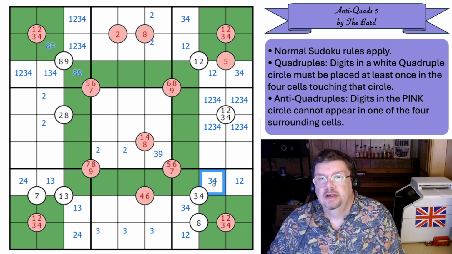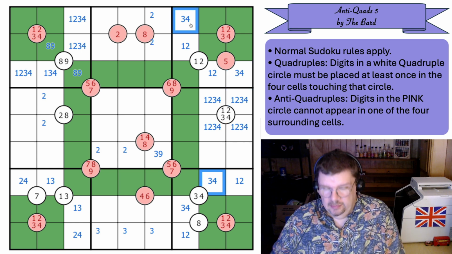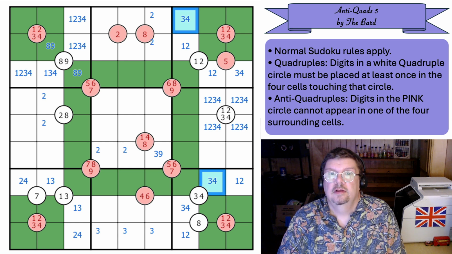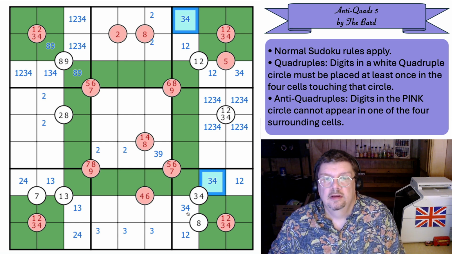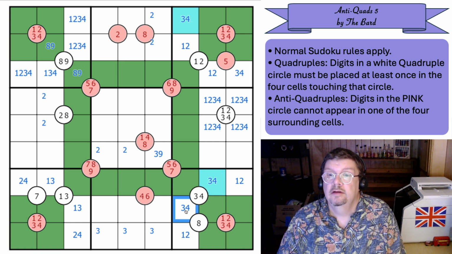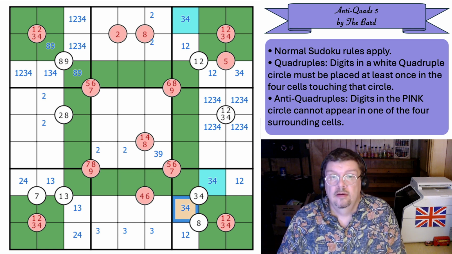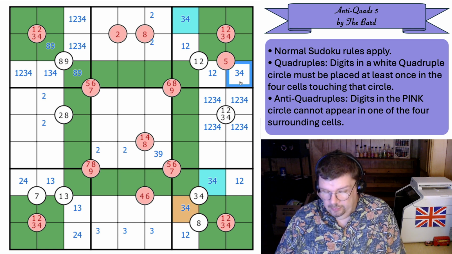So this digit here must be in one of these 2 cells, and therefore it can't be there. So this digit is going to be that digit. I'm going to color that teal. This I will color orange. That must be that one.